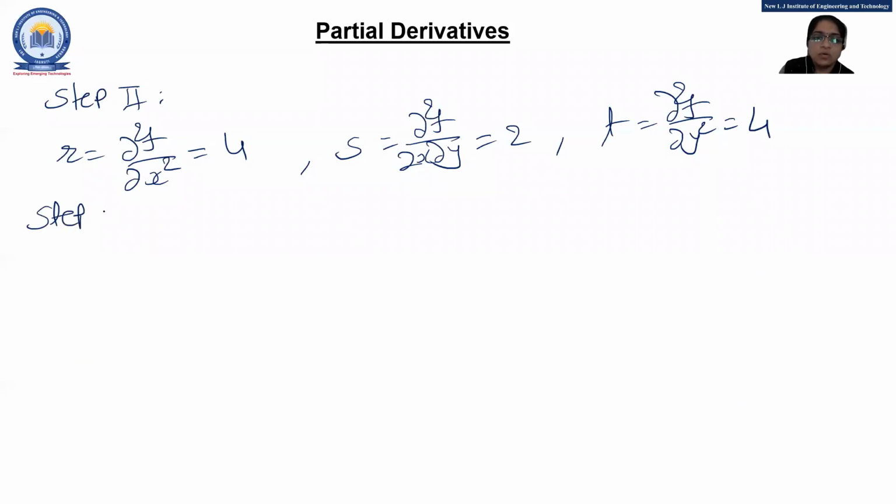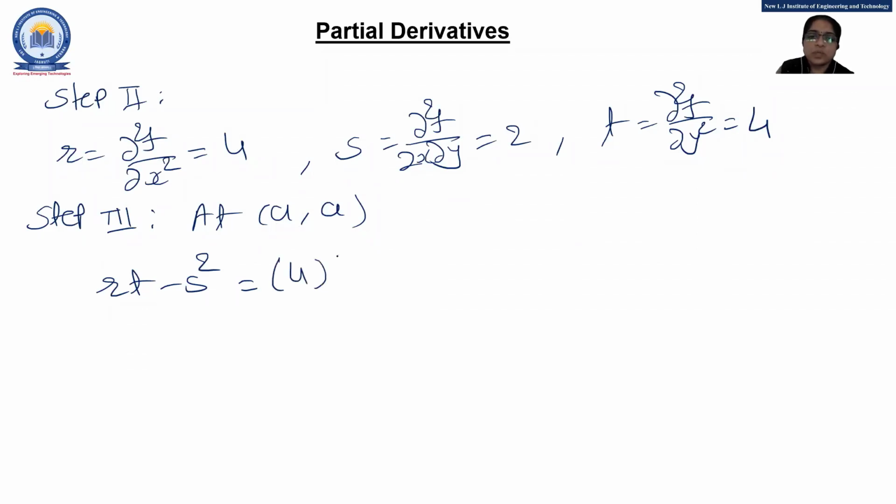Now for step 3, as we found our stationary point, that is (a, a). So at (a, a), for step 3, we have to find rt minus s square. What is the value of r? R is 4, t is again 4, and s is 2, right? So this is 16 minus 4, so 12, which is greater than 0. And as rt minus s square is greater than 0, it means we have a maxima or minima.